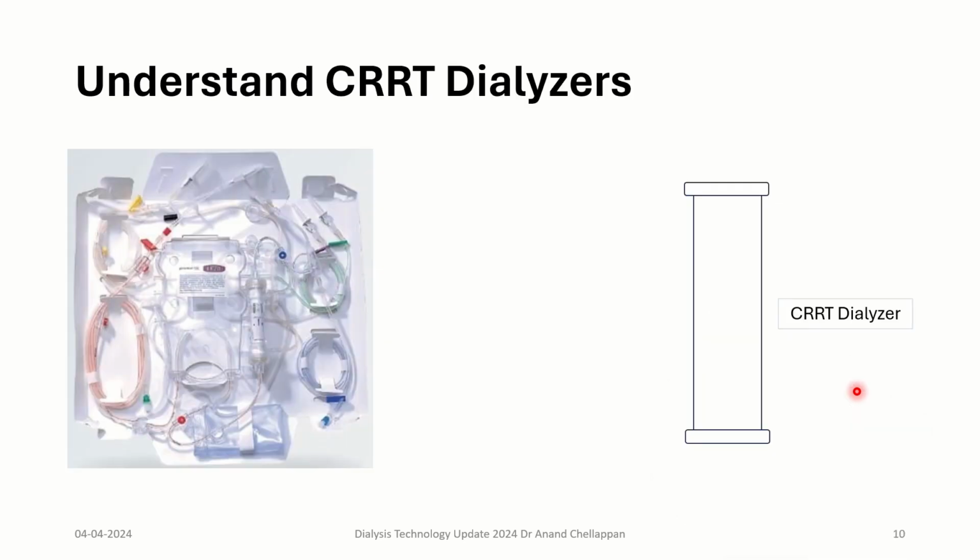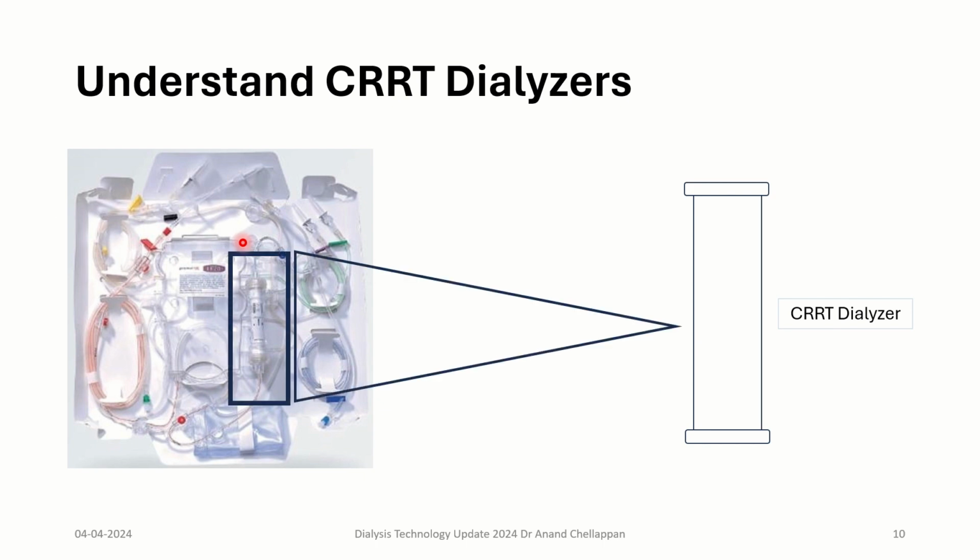Let us now understand the CRRT dialyzers. This is a CRRT kit, and this part is a CRRT dialyzer. Some brand CRRT kits contain the CRRT dialyzer along with the kit. In some brands, the dialyzer is separate from the kit. Now this is the CRRT dialyzer.